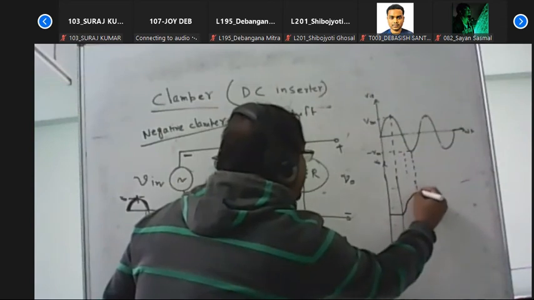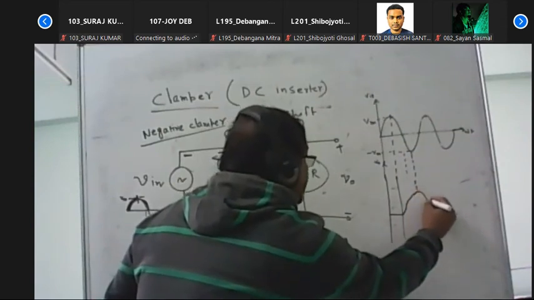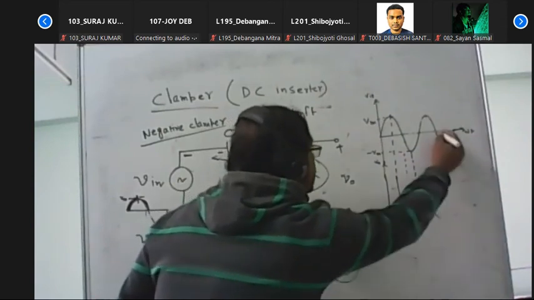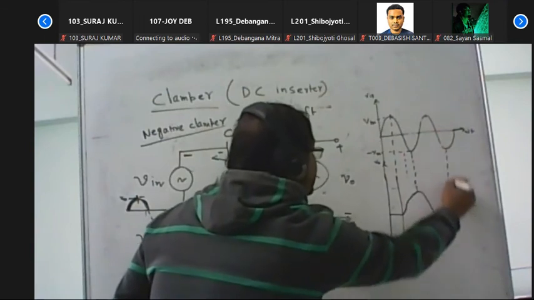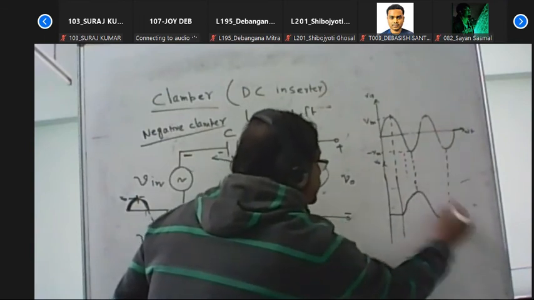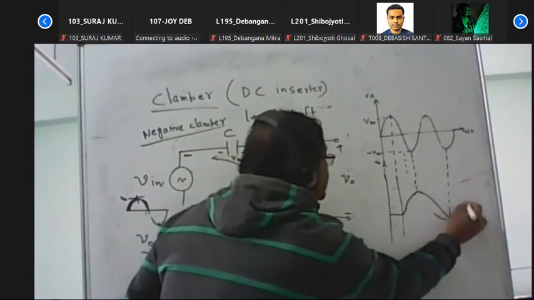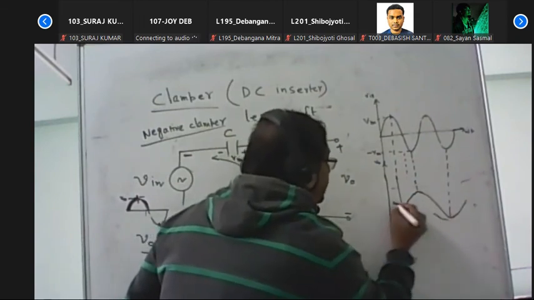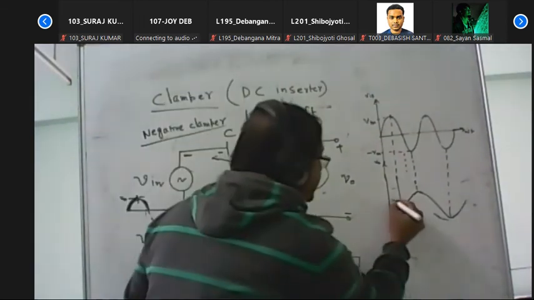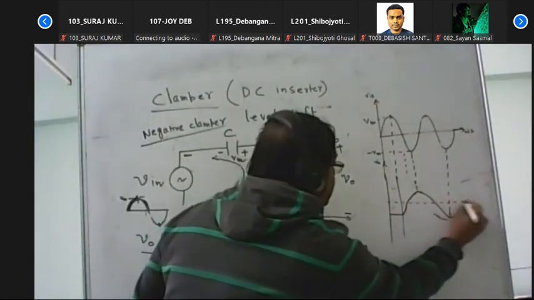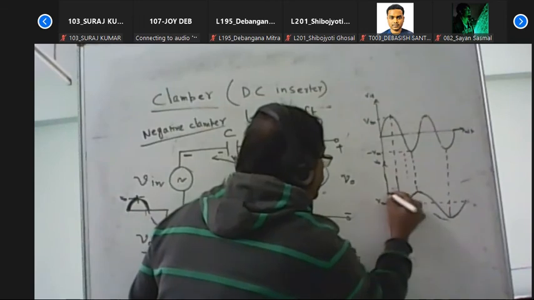It is a maximum at that point, and after that it goes to 0 again when the input is minus Vm. And then again it changes up to Vm. So consider that this is the Vm level and that is the 2Vm level.